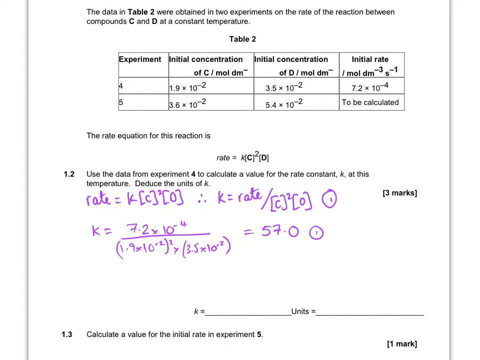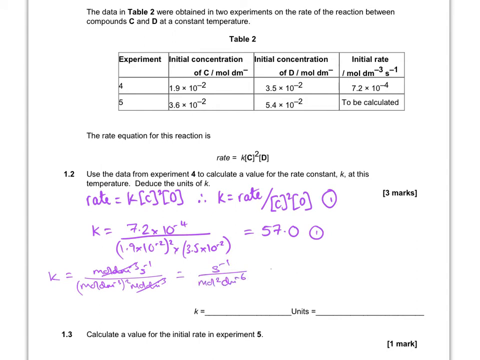So if we have a look at the units for k, we've got moles dm to the minus 3 seconds to the minus 1 on top. We've then got moles per decimetre cubed squared times moles per decimetre cubed. If we simplify that, we end up with seconds to the minus 1 over moles squared dm to the minus 6.